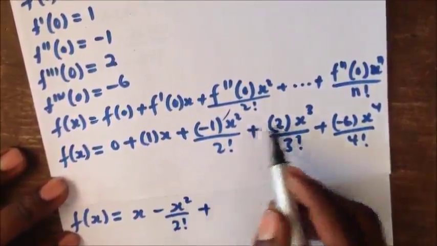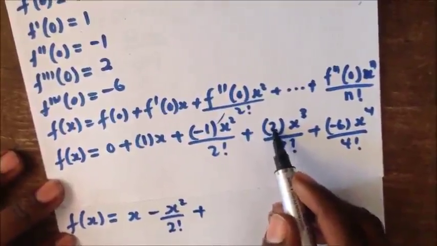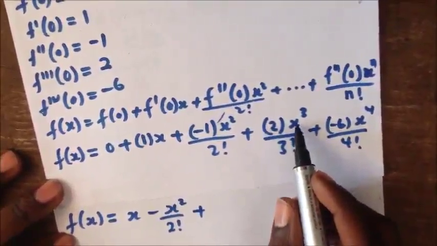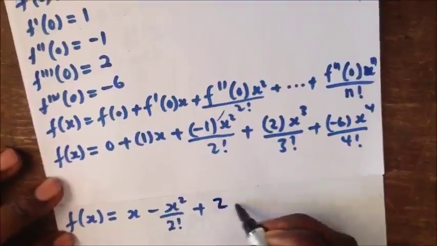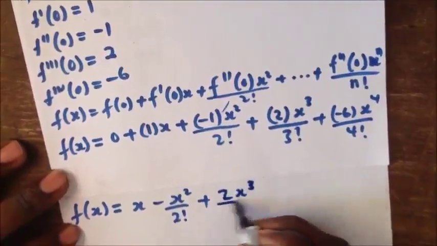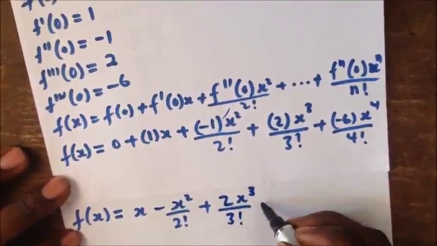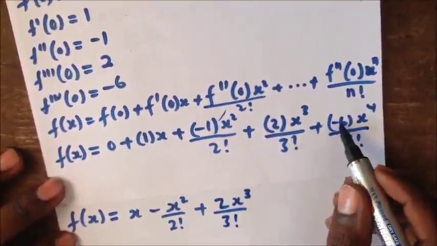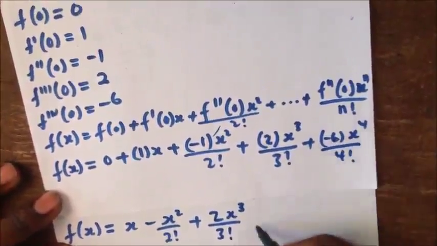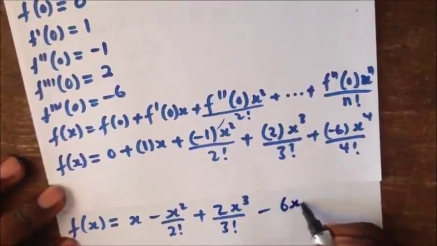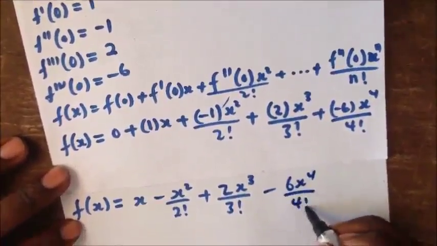Plus 2 times x cubed is plus 2x cubed, divided by 3 factorial. Then plus negative 6 times x to the power of 4, negative 6x to the power of 4, divided by 4 factorial.